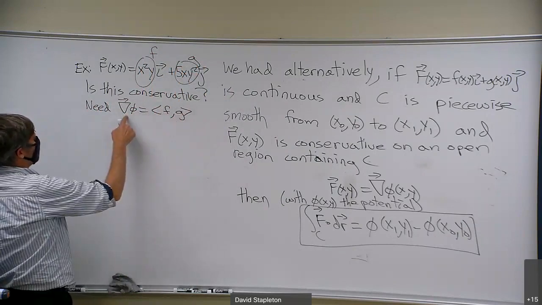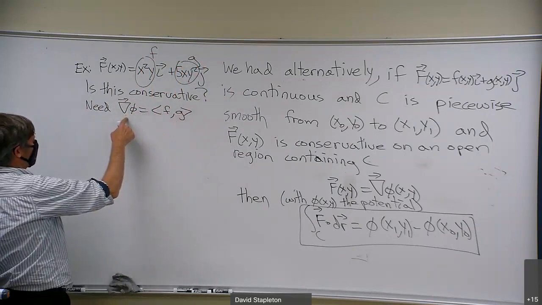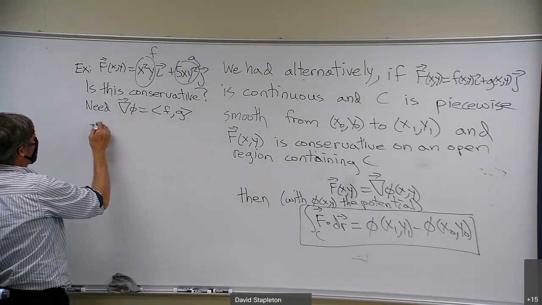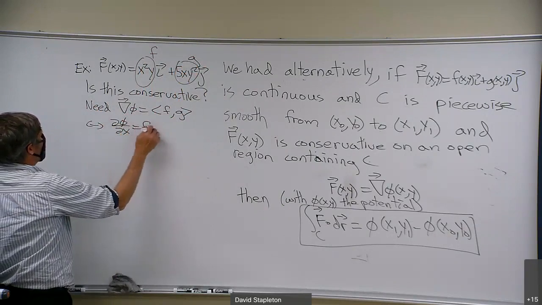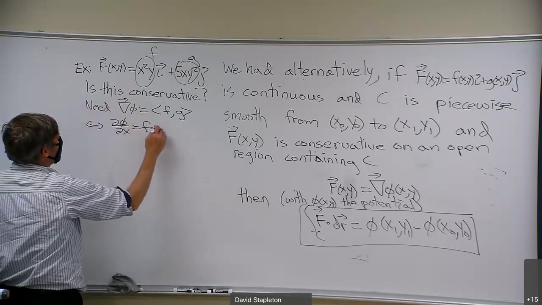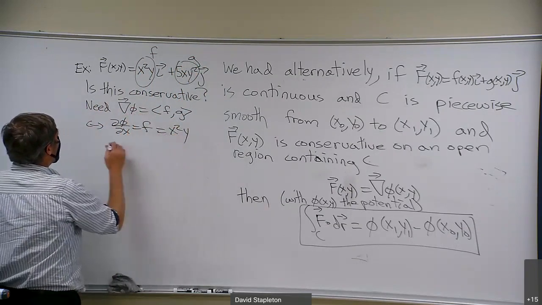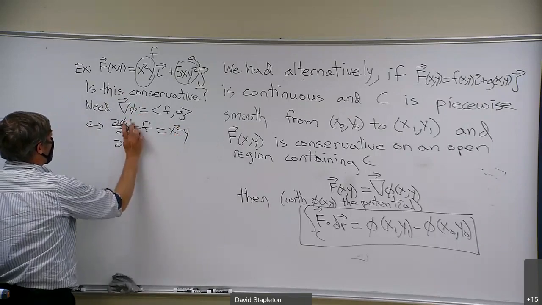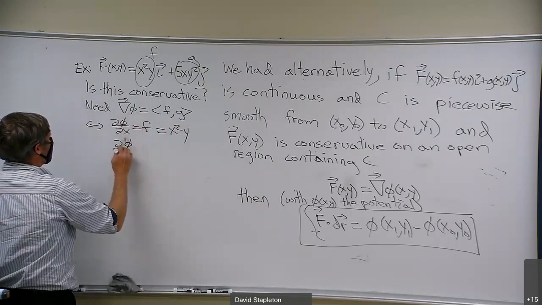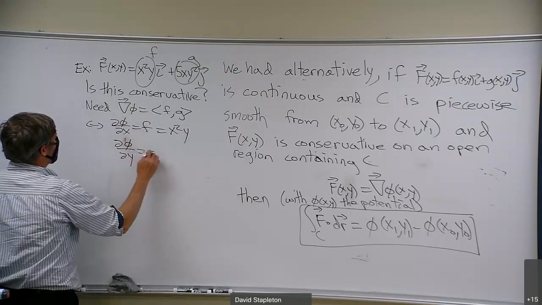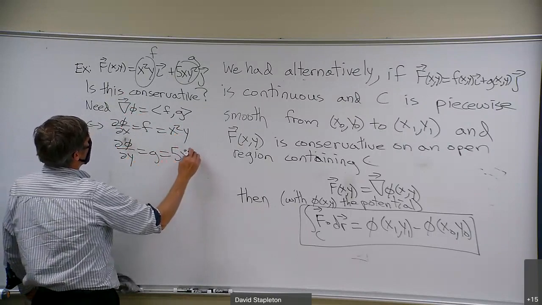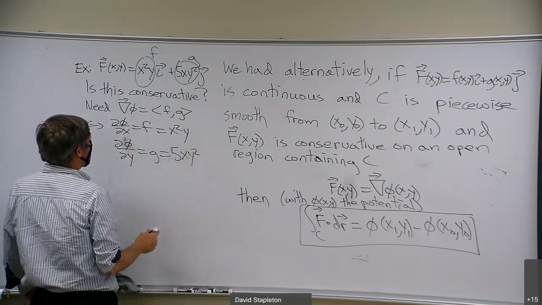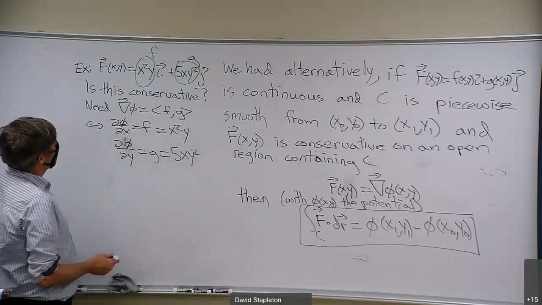But the gradient of phi is d phi dx, d phi dy, so this is equivalently d phi dx has to be equal to f, which is x squared y, and d phi dy has to equal g, which is 5xy squared. Can I make those equal?